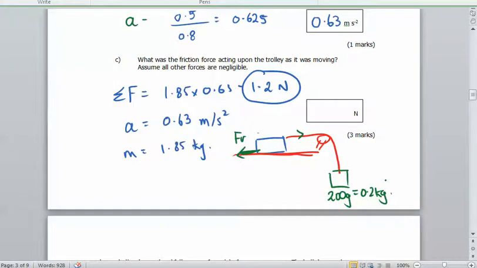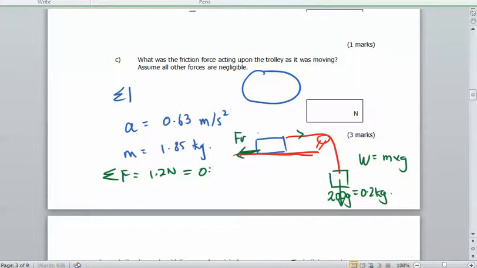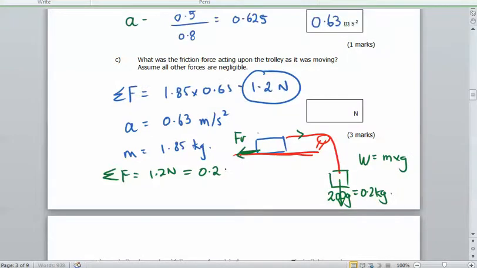Now, we know that the net force is the sum of all forces. The net force is equal to 1.2 newtons. But that is also equal to the weight force down, and the only force opposing that motion is friction. So 1.2 is equal to the weight force, being the mass times the acceleration of gravity, so 0.2 kilograms times 9.8.